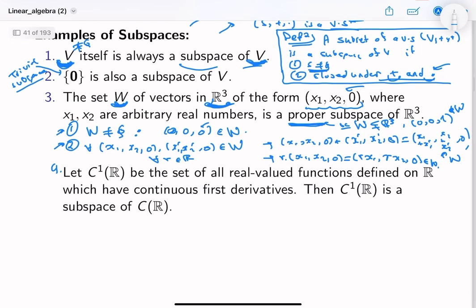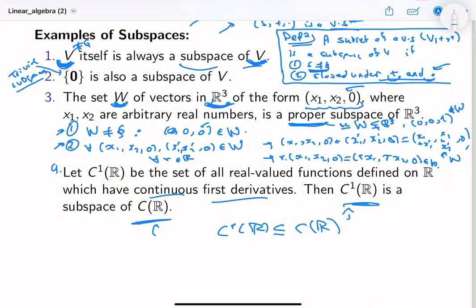So the next example I want to give you is the set of continuously differentiable functions. So if you consider the functions that are differentiable and whose derivative is continuous, then this set is first of all a subset of the space of continuous functions, because every function that is differentiable is continuous, which means C1 of R is contained in C of R. So this is clear.